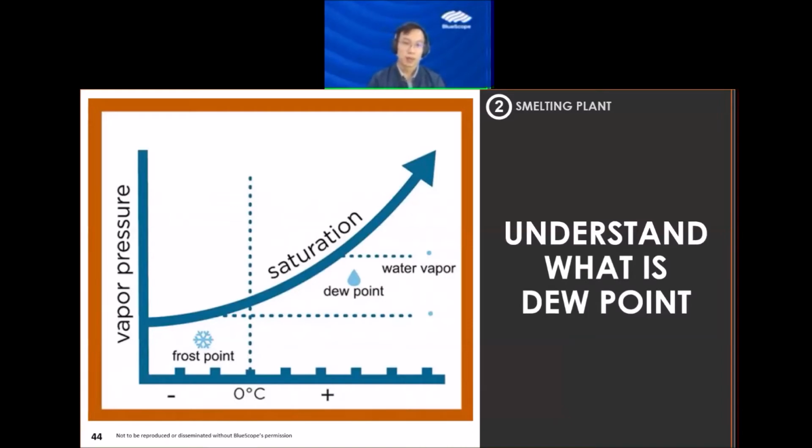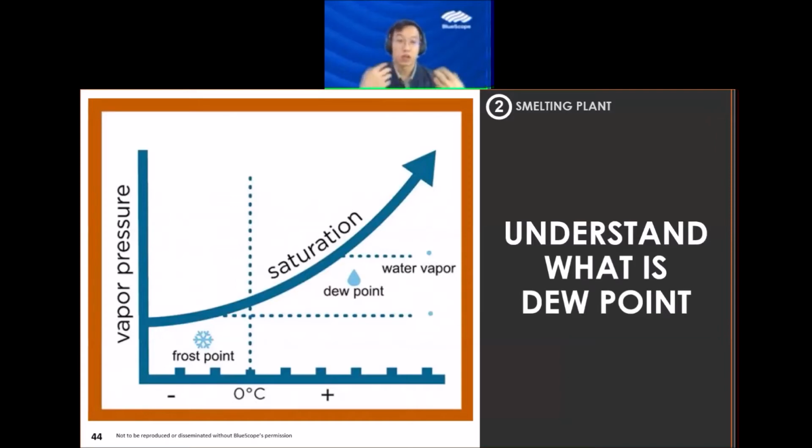So basically, dew point is something that you normally refer to as, say, morning dew, right? You normally see water formation or condensation happening on your windscreen when you sit into your car in the morning, or perhaps you go for a morning jog, then you see all these water droplets forming on the leaves, right?